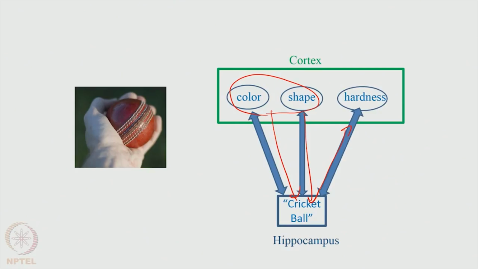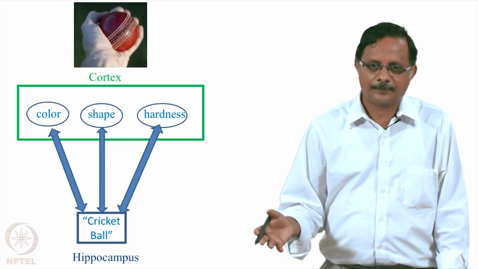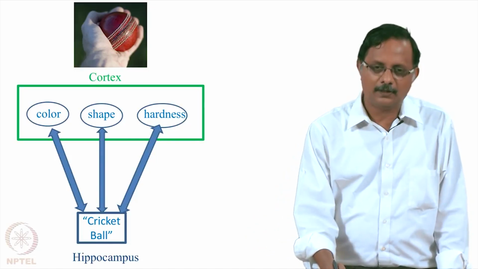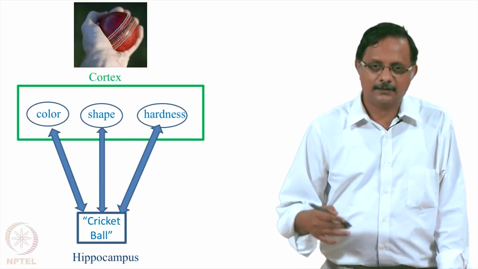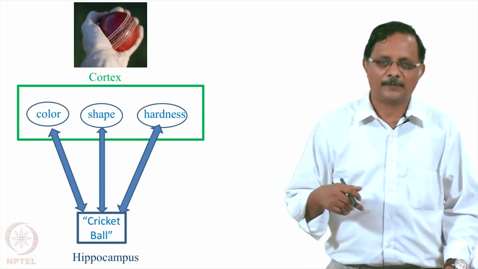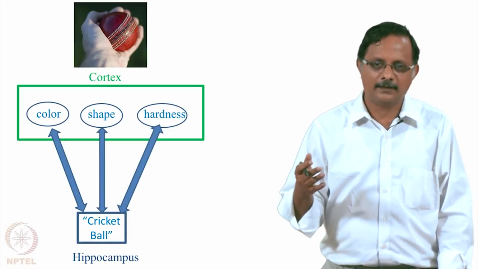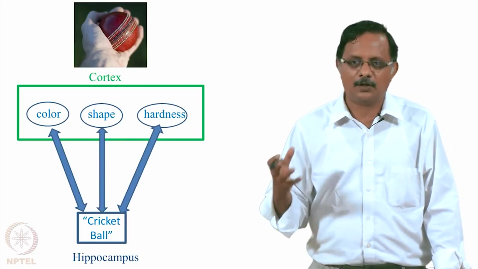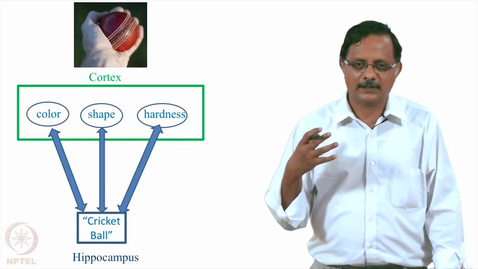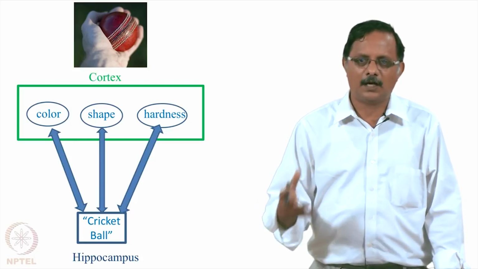For example, even though you are not holding the ball, if you are just looking at the ball, the visual features of the ball activate the cricket ball neurons of the hippocampus, and when these neurons activate the cortical areas back, they might activate the somatosensory areas also. So, even when you are looking at the ball, you have a kind of sensation or a feeling or a memory that the ball is a hard object.